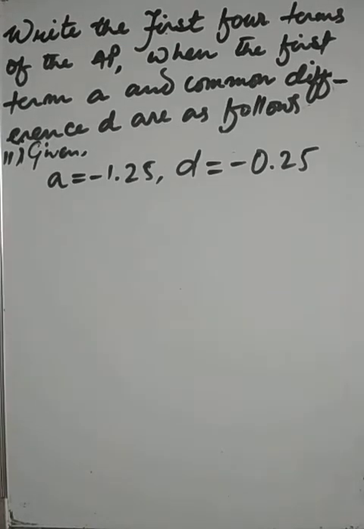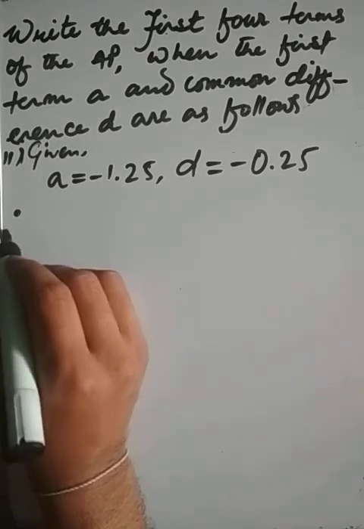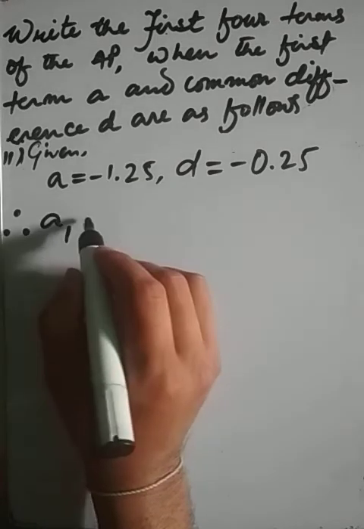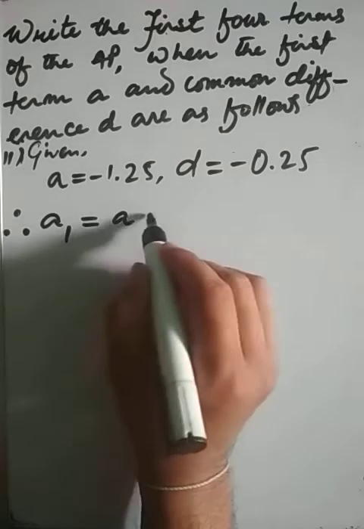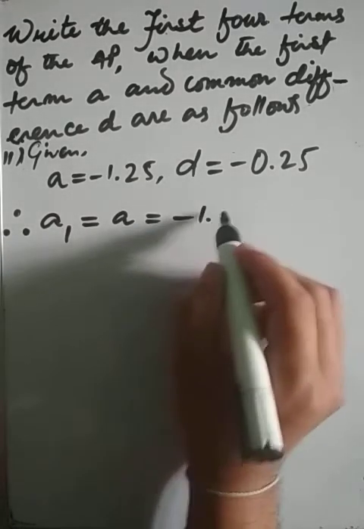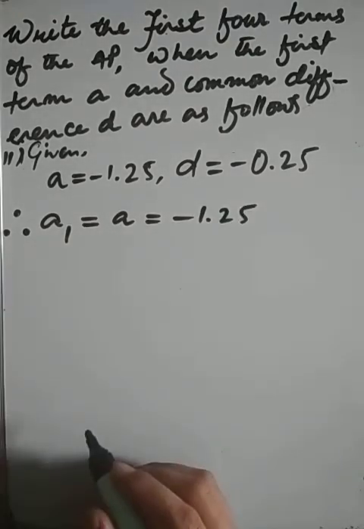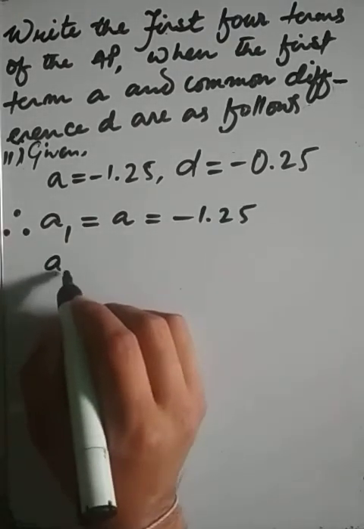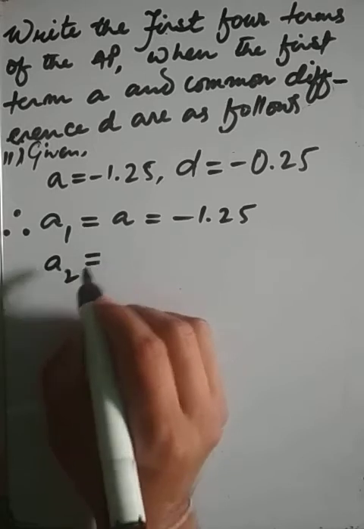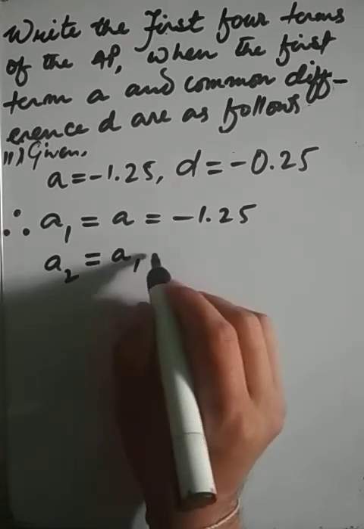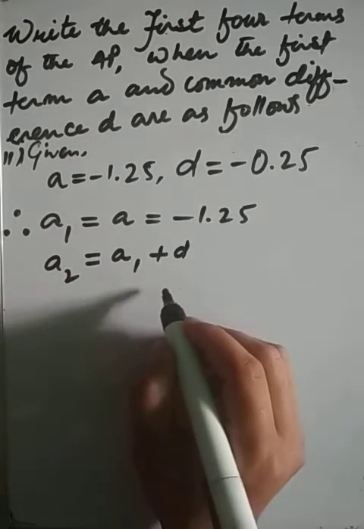Okay, here is the question. Here the first term is minus 1.25 and the common difference d is minus 0.25. So I'm writing here, therefore a1 equal to a equal to minus 1.25. Next, a2 is equal to a1 plus d.